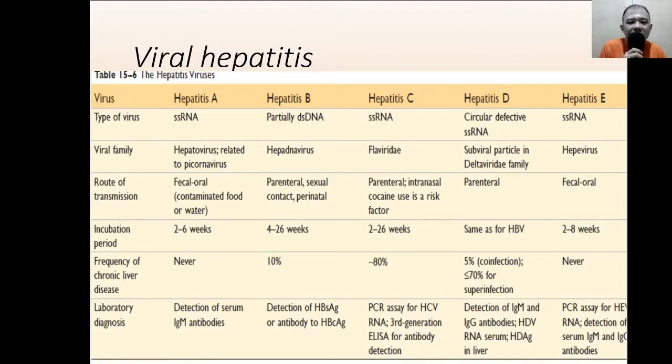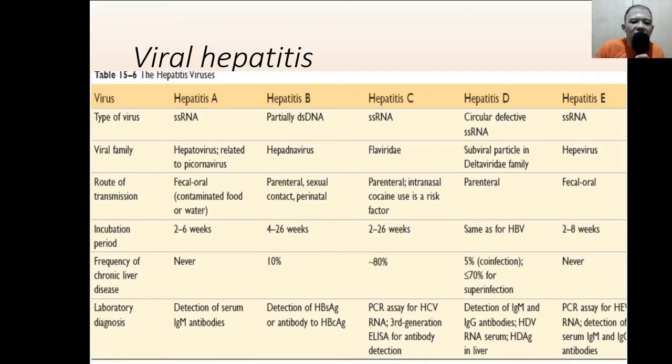B, C, D, the route is either sexual or parenteral. It can be intravenous drug abuse, or through body fluids. For hepatitis A and E, these are fecal oral.